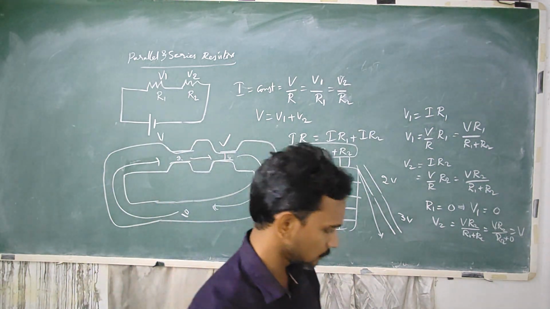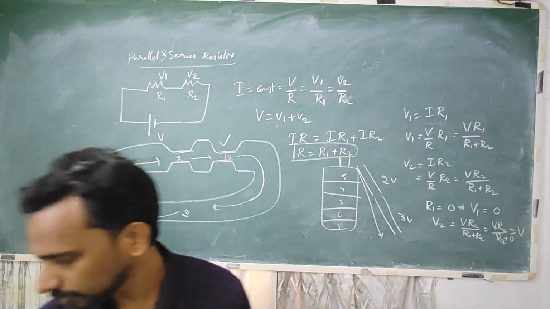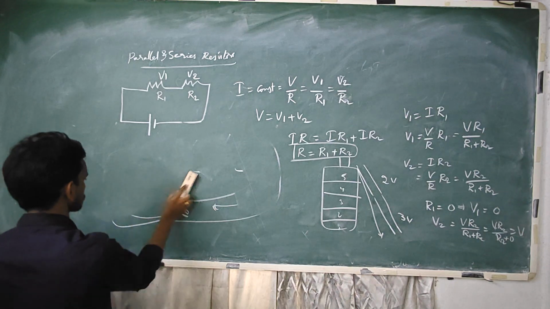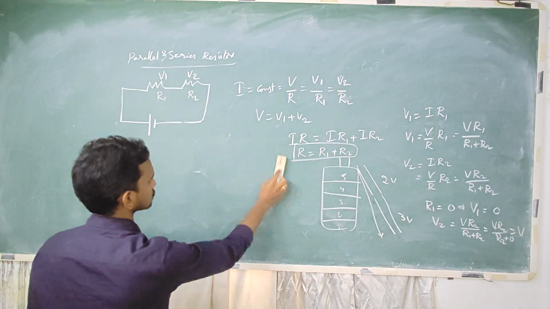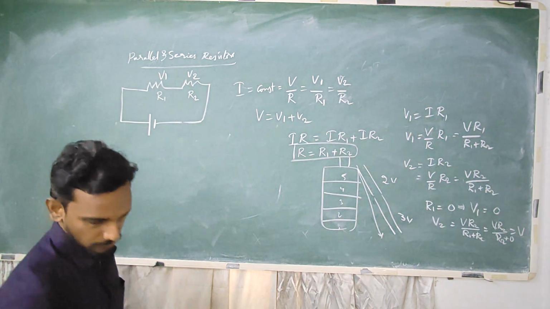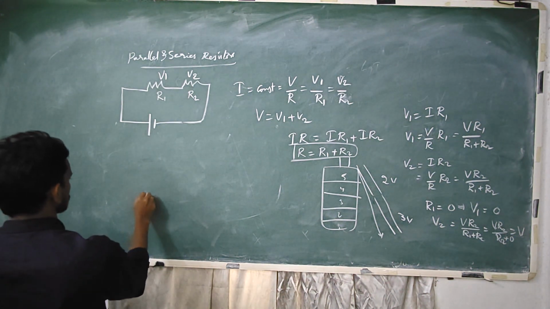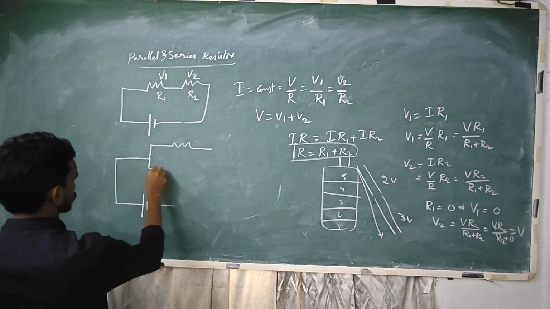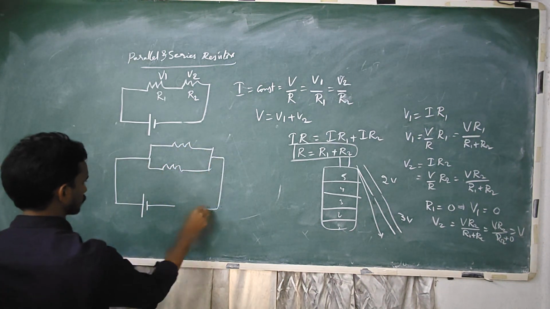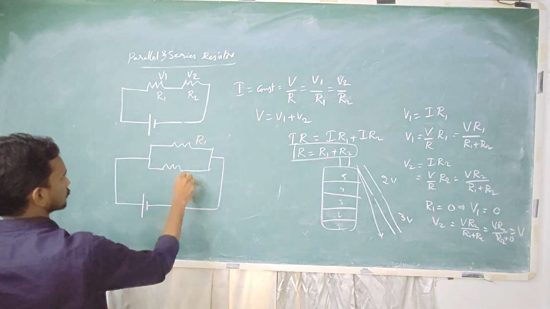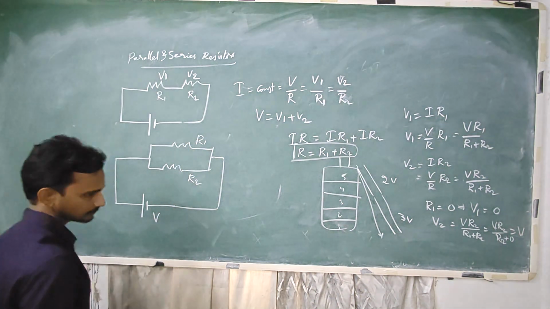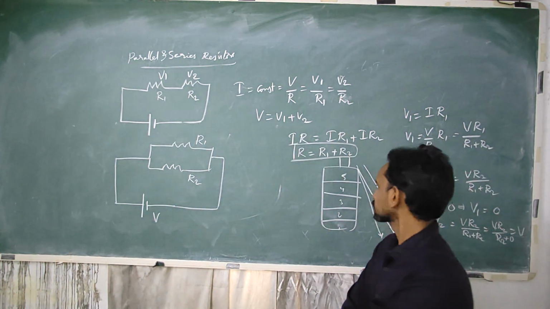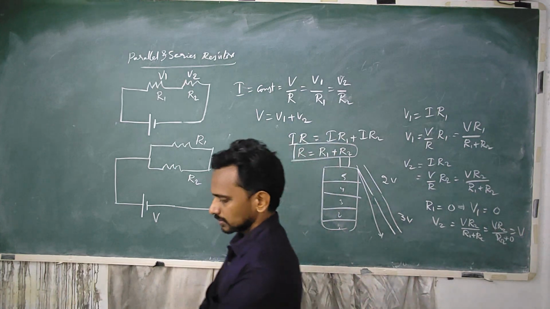So now I go for the parallel combination. So when you take a parallel circuit, let's say this is R1, this is R2, this is V. So what shall I do?